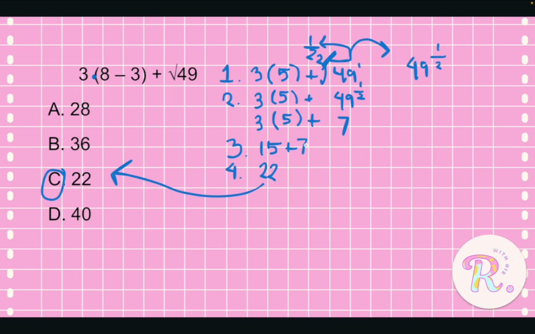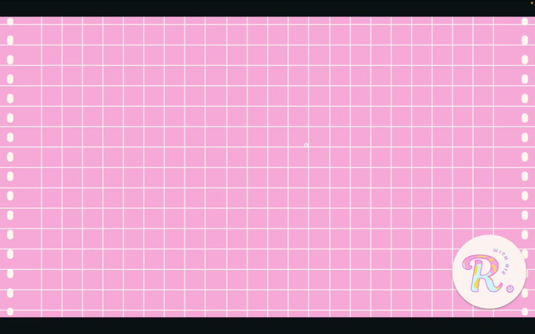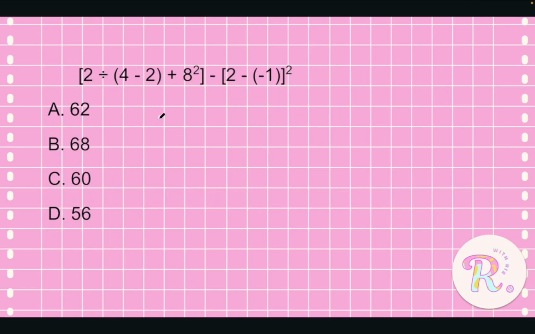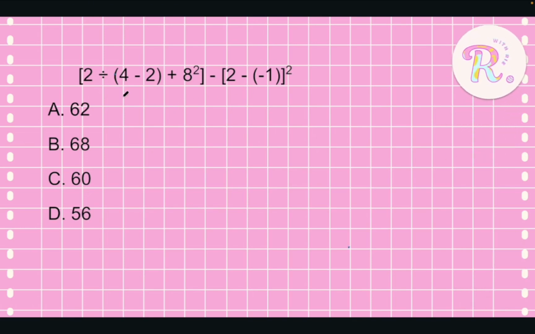Okay, let's amp up the difficulty level. So here we have another one. There are a lot of numbers, but stay calm. Just do the steps 1 to 4 and you'll be golden. Let's go ahead with step 1. 4 minus 2, that's 2.